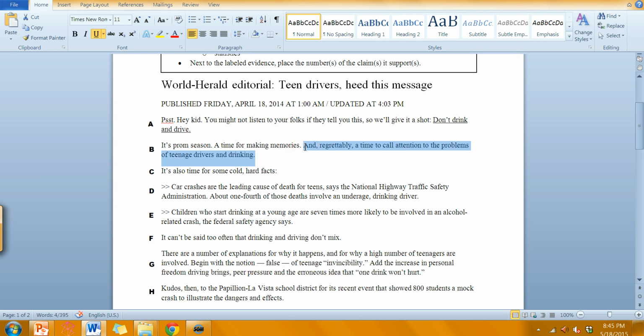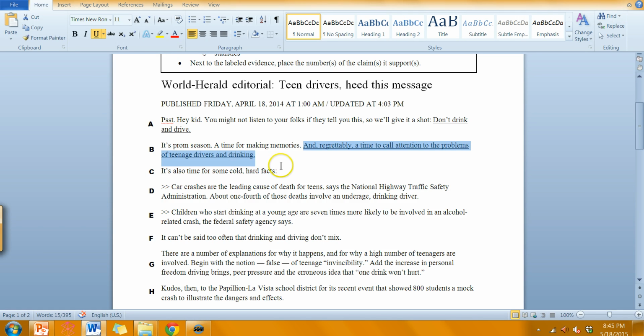It's probably not the most important claim in the entire article. If we were going to underline 4 claims and no more than that, I probably wouldn't underline this one because it's more just a self-contained subclaim. But I wanted to point out that yes, you could argue for and against the idea that prom season is a regrettable time to talk about drinking and driving.